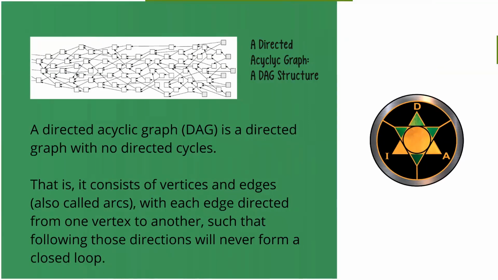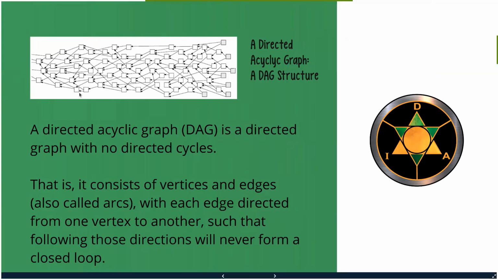So the next one is what we call DAG, which stands for directed acyclic graph. And as you can see in the picture, that's a structure. We basically have vertices and edges. Edges are these little lines that you see, those arrows, and vertices are those little squares.